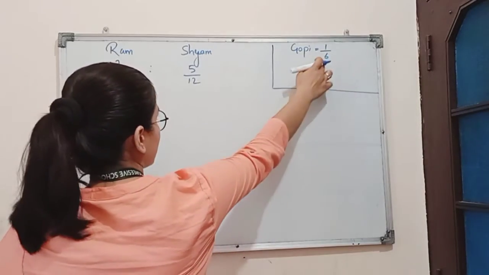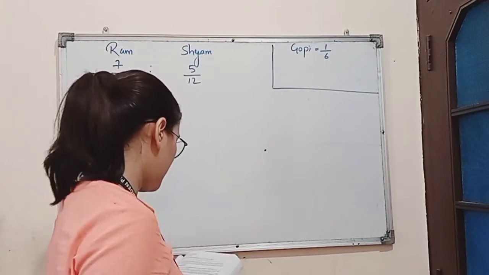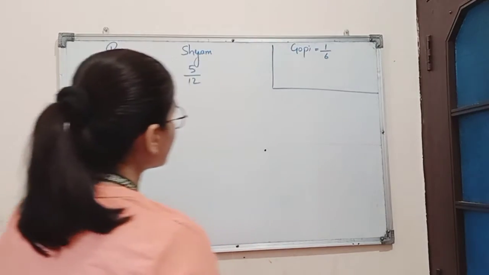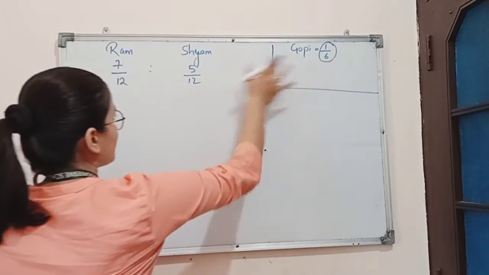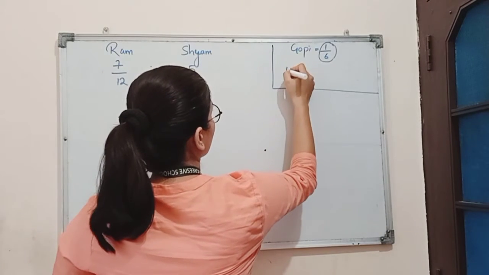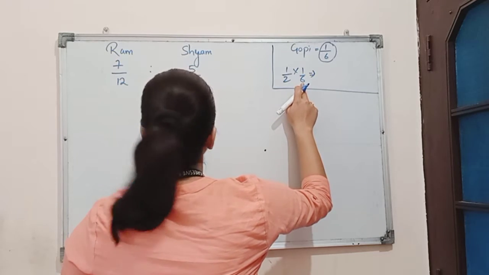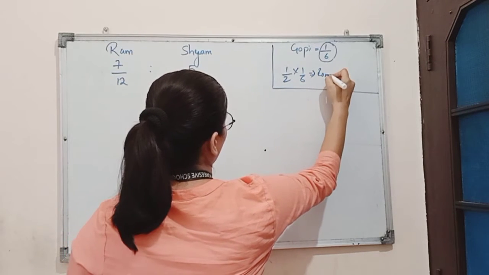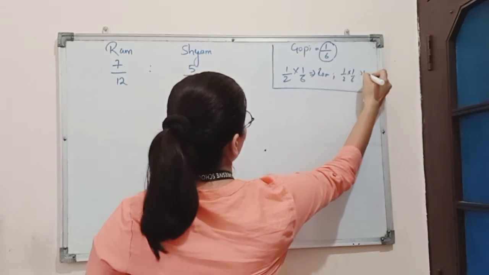And this 1/6 is acquired by Gopi from Ram and Shyam equally, which means this 1/6 has been acquired equally from Ram and Shyam. So half of 1/6 is acquired from Ram and half of 1/6 is acquired from Shyam.